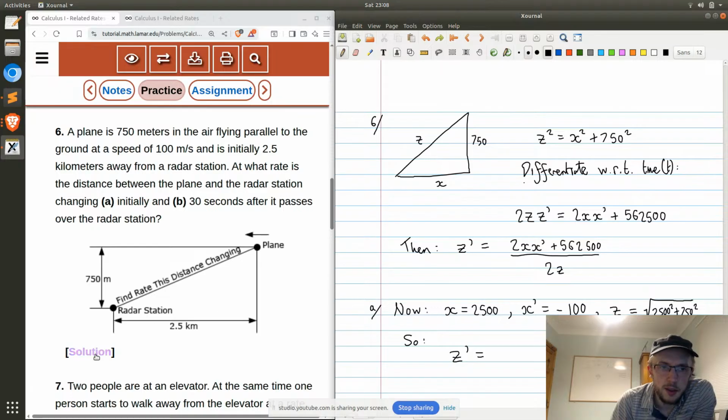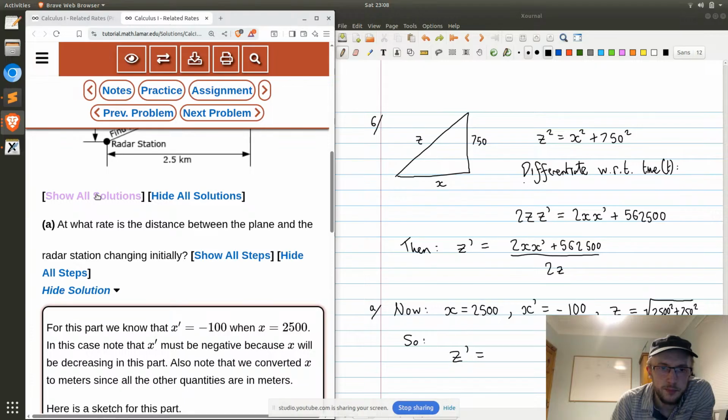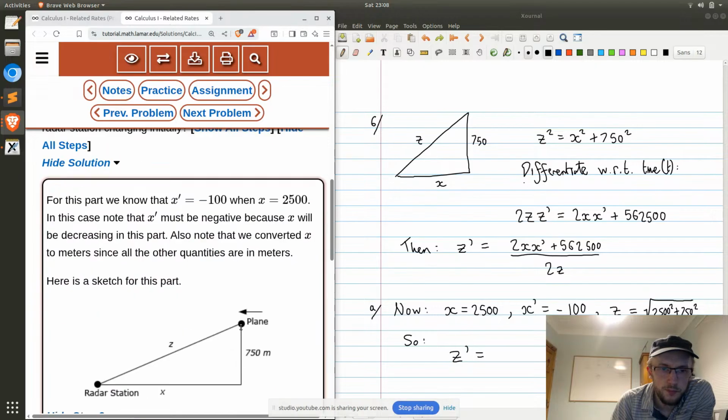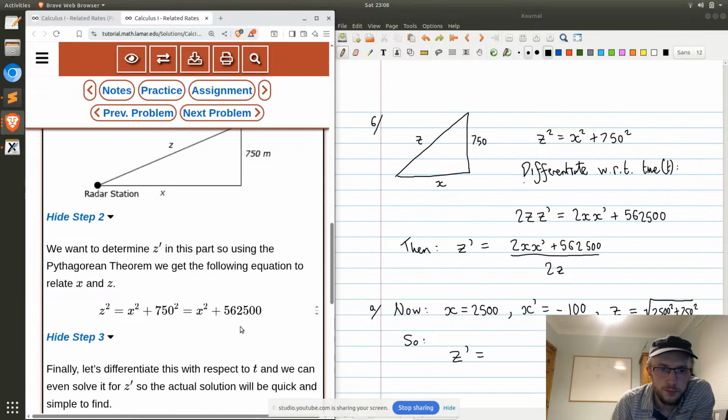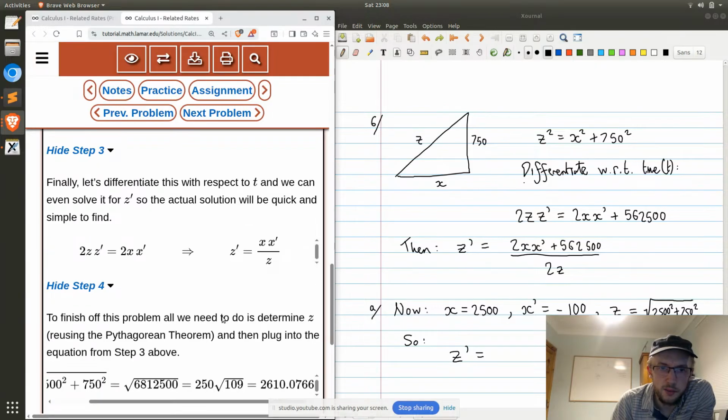All right. Check. Okay, at least that's right. 2z z prime. Oh my goodness.